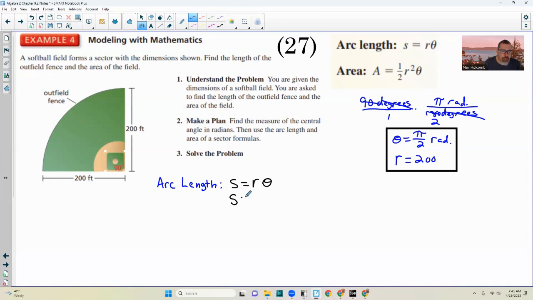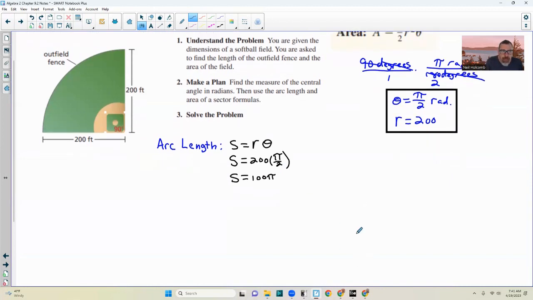So S equals 200 times pi over 2. Well, 200 divided by 2 is 100, so that's going to be 100 pi.